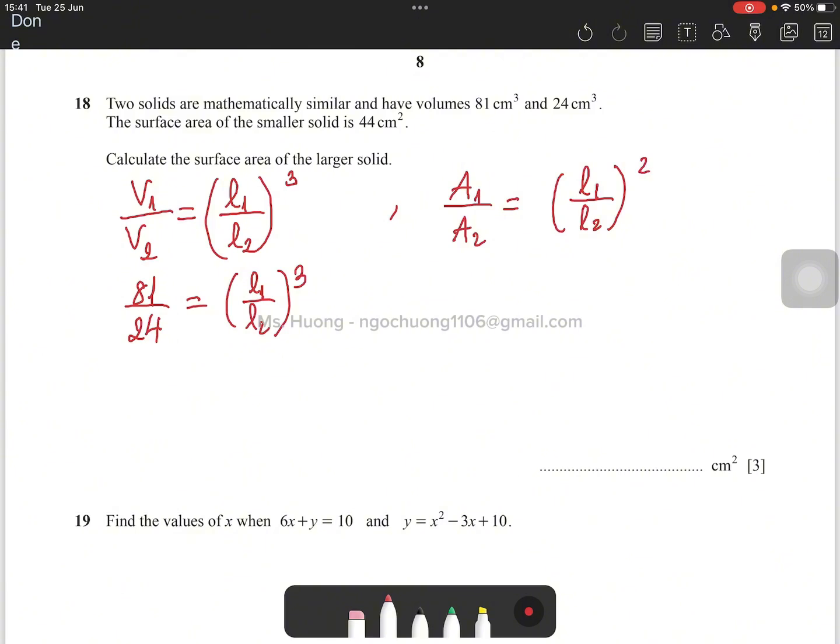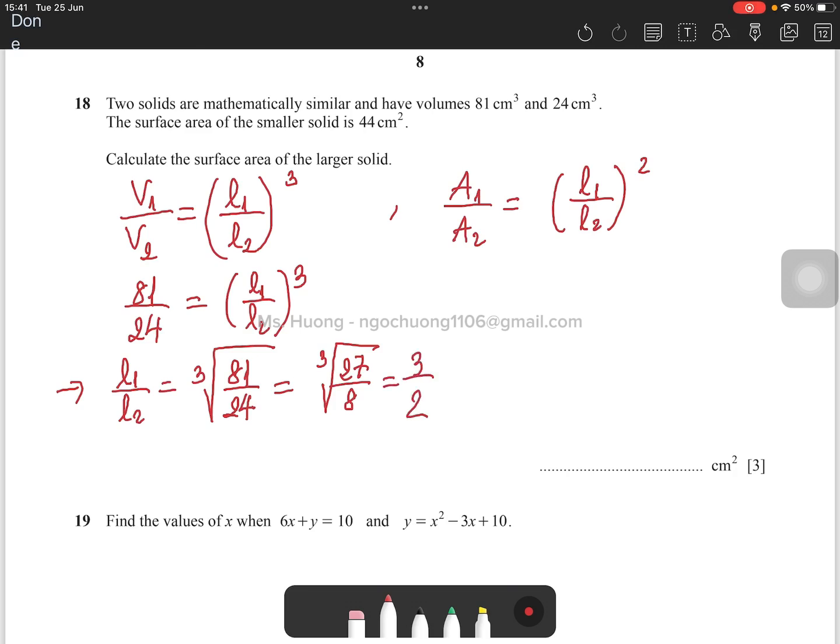From this, we can see that the ratio of lengths is going to be the cube root of 81 over 24, which is the cube root of 27 over 8, which equals 3 over 2.